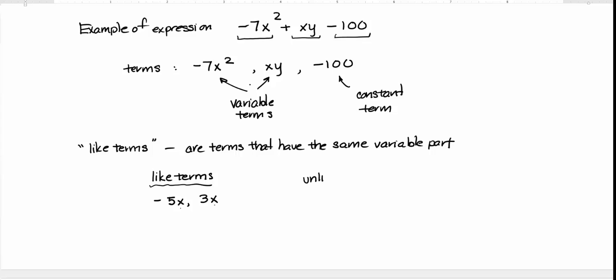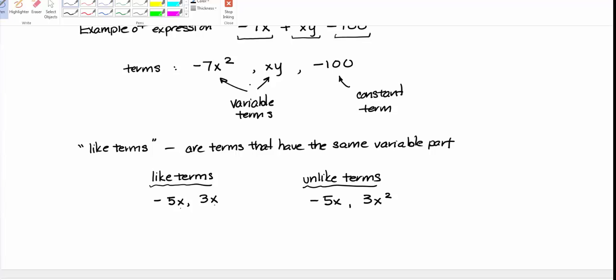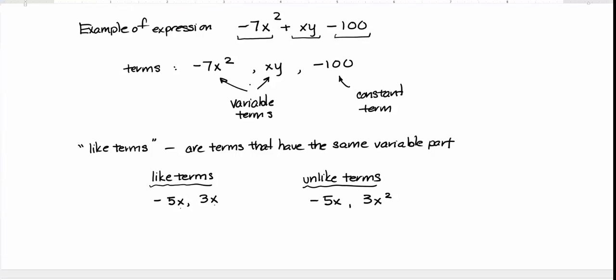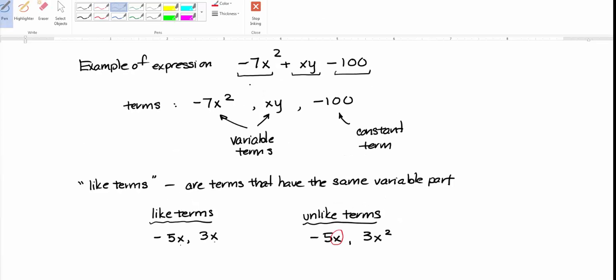Unlike terms would be, say, negative 5x and 3x squared. Okay, granted, they both have the letter x in them, but if you notice, this has just one x, right? And this has an x squared term. So those aren't the same. Okay, we could also have 2ab and 0.7ab.